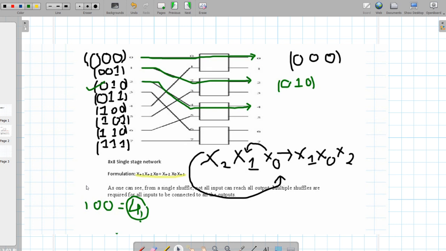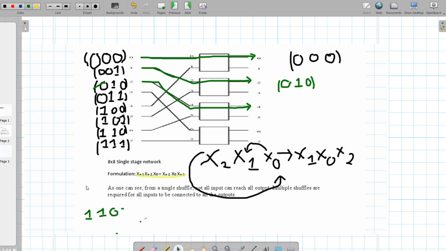Now come to the next processor, that is the processor which has address 3, and the equivalent binary representation is 0, 1, 1. If you have followed our previous discussion, then you can clearly say that after left shifting you will get 1, 1, 0 as the destination address.